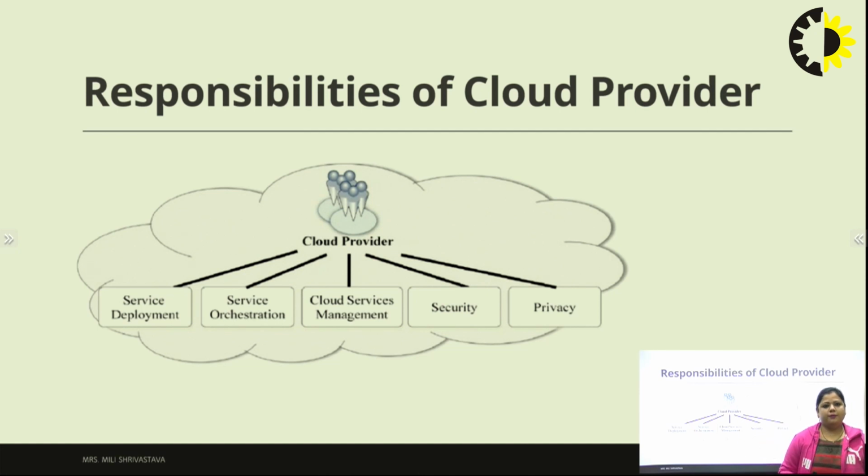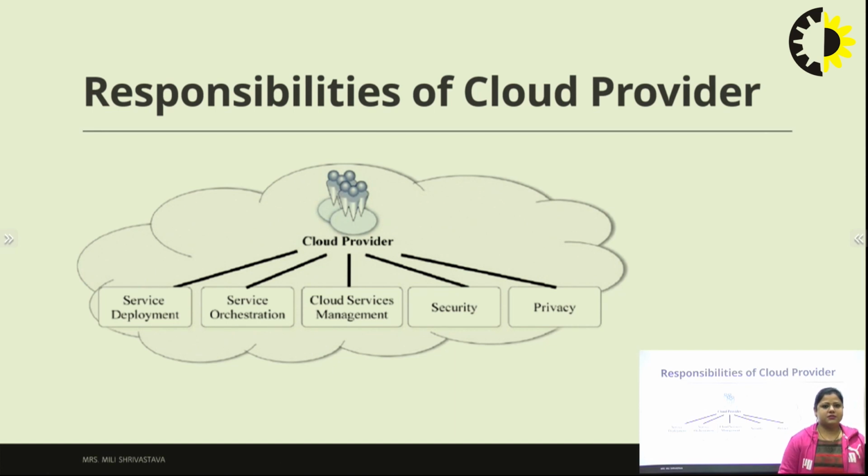The main responsibility of cloud providers is to provide a specific service that is required by the user, and to keep that service highly secure. In the case of a private cloud computing model, security and privacy play a very important role in cloud computing services.